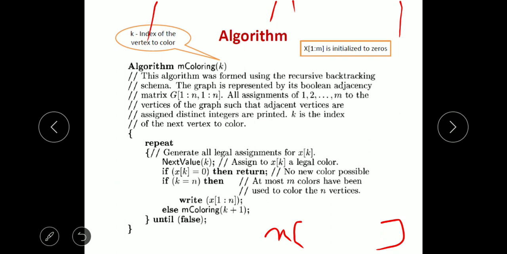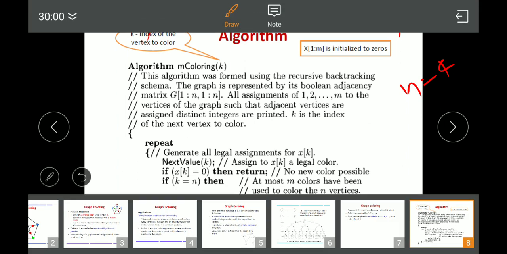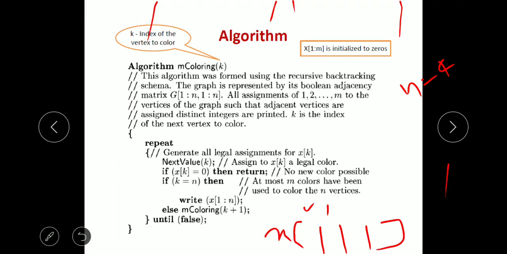If our graph has n equal to 4, that is 4 vertices, then X will have 4 tuples, indexed 0, 1, 2 and 3. Initially all these tuples are set to zeros, and then we start by invoking M coloring of 1.